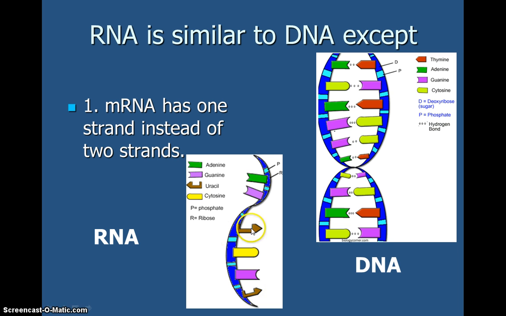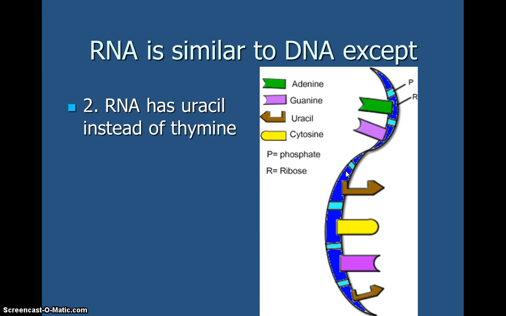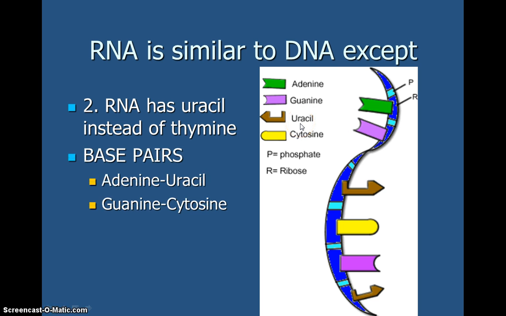So we have RNA here, DNA here. Also, RNA has uracil instead of thymine. And the base pairs go adenine and uracil and guanine and cytosine. So it's just changing the T to a U.